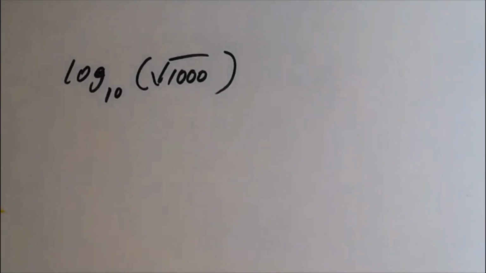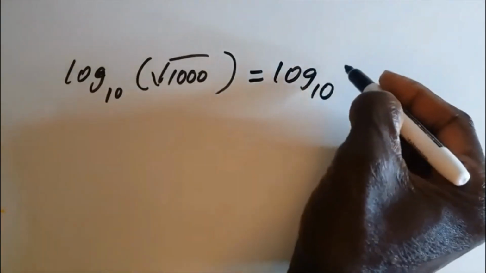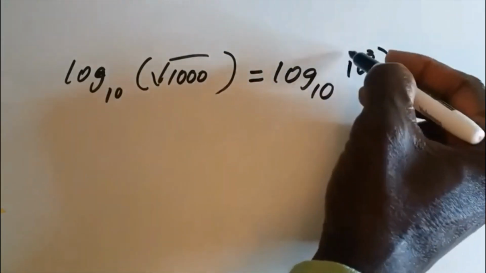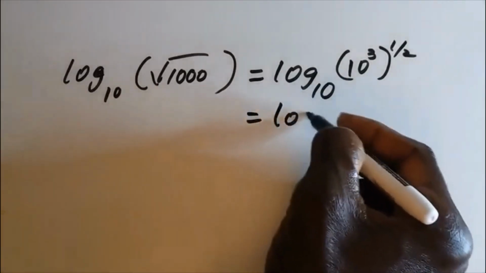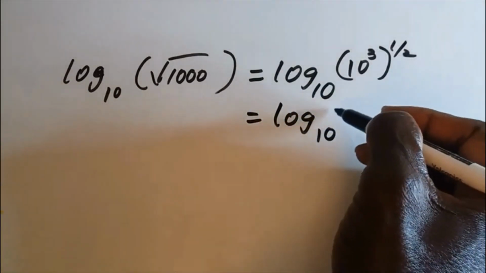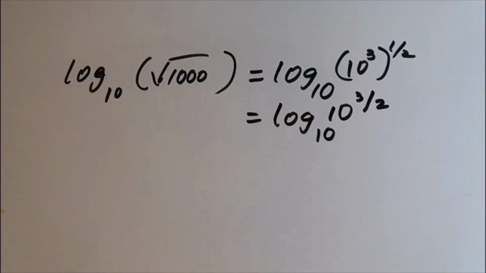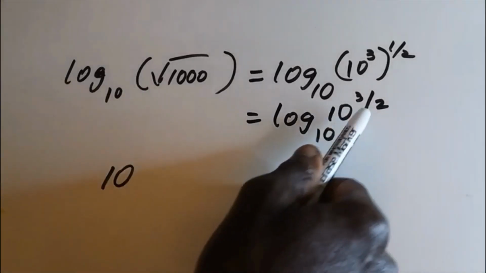How do we evaluate this one without using a calculator? Well, we can rewrite this as log to the base 10, and we have 10 cubed, and we're taking the square root of that, which is log base 10 to the 3 over 2. So it's asking, with the base of 10, what do we raise the base of 10 to get 10 to the 3 over 2?